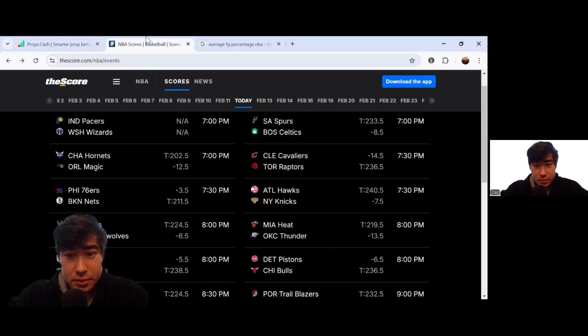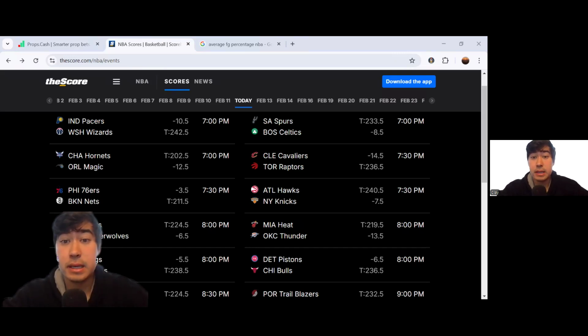This is really important information when we're betting on points. This is our main figure: we're looking at their field goal attempts. Field goal attempts are everything.